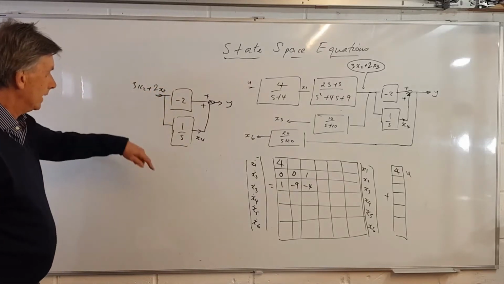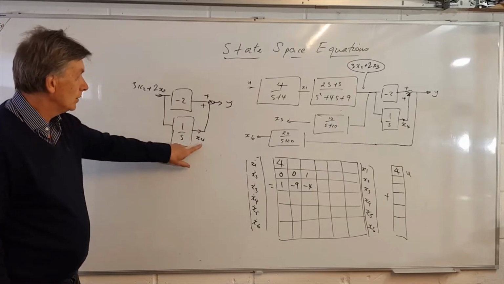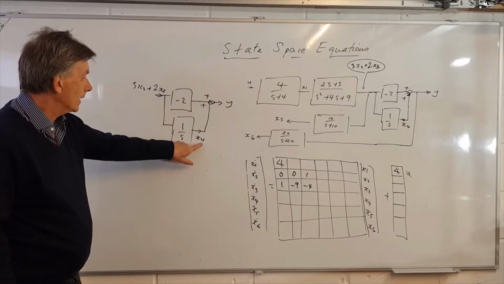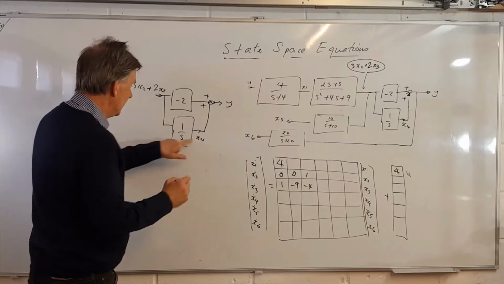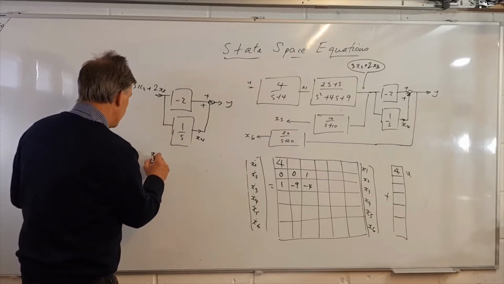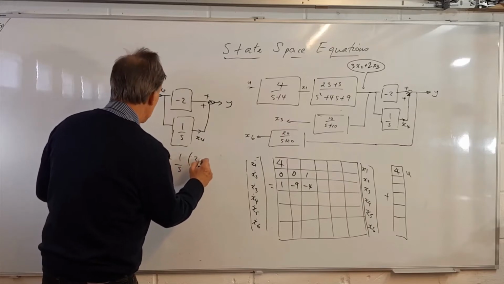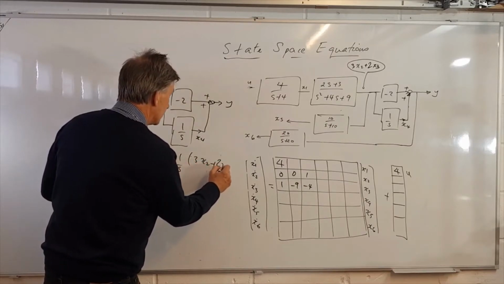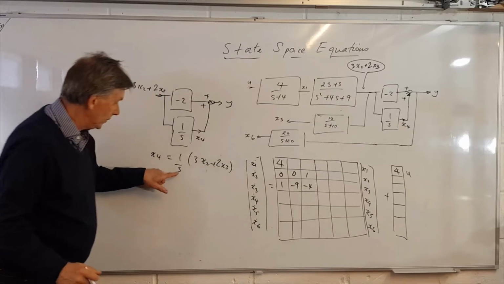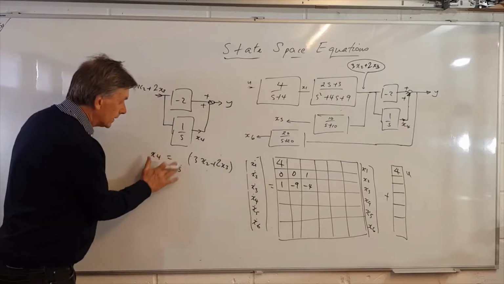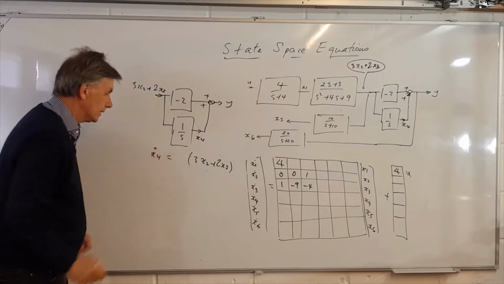So we can get an expression for x4. You've got x4 is this times this. So x4 equals 1 over s into 3x2 plus 2x3. If we move the s up here, it simply becomes x4 dot.